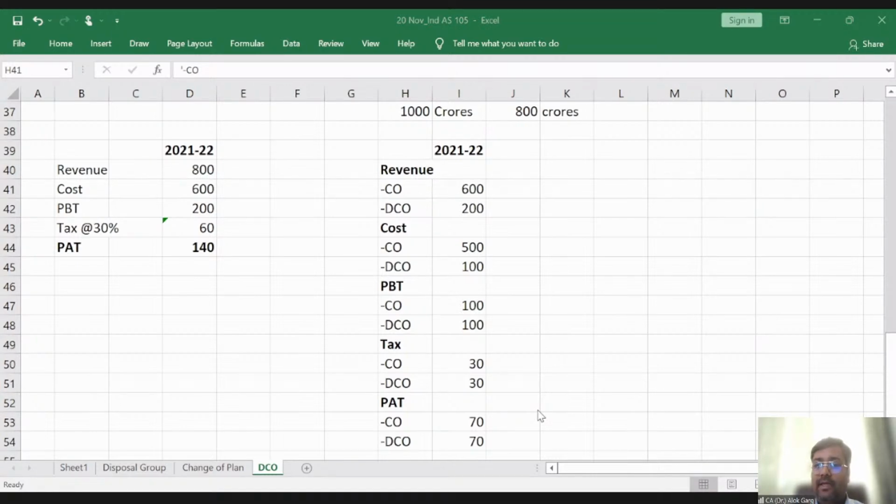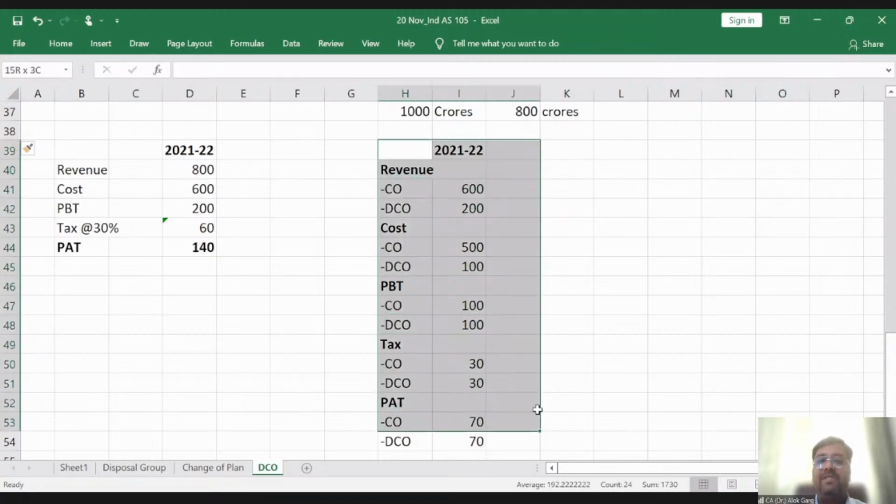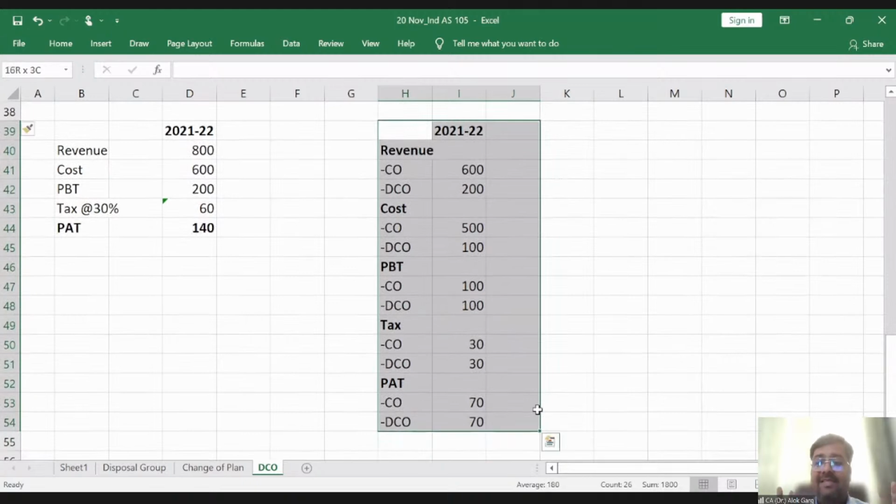Is it clear? Now I'm giving you one more clarity. Everyone agrees that this one is a better presentation, because this will give an insight that it is not going to be a sustainable profit, sustainable revenue, sustainable cost, and hence the line items of the P&L have to be properly bifurcated into continued operation and discontinued operation.